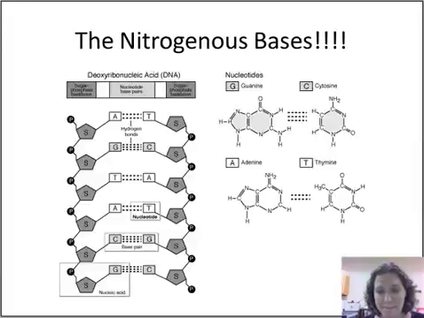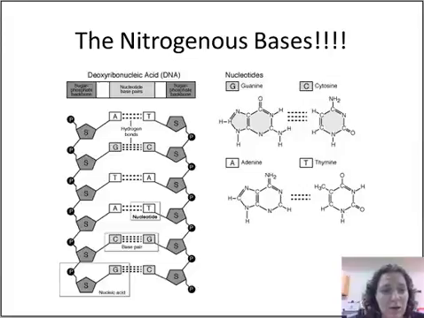All right, so this is how this works. The nitrogenous bases can very easily form hydrogen bonds with each other. And when the nitrogenous bases form hydrogen bonds with each other, they're quite particular about which base they can form bonds with.